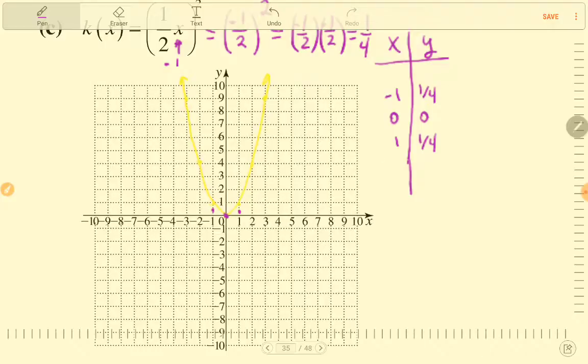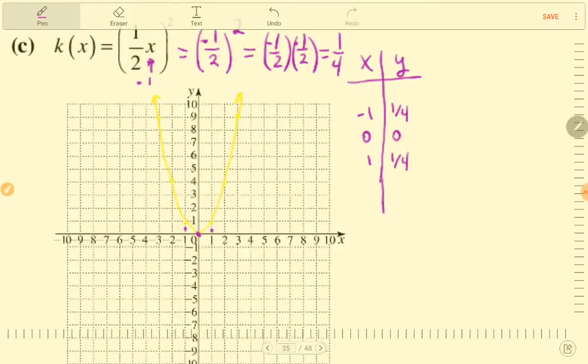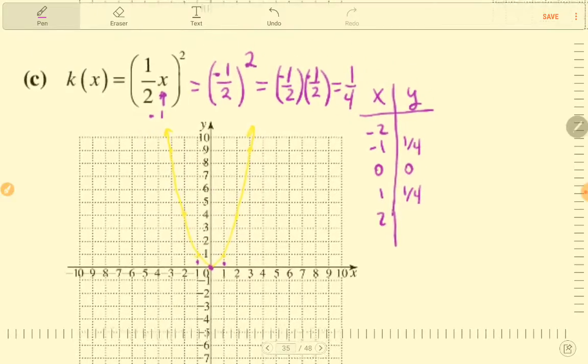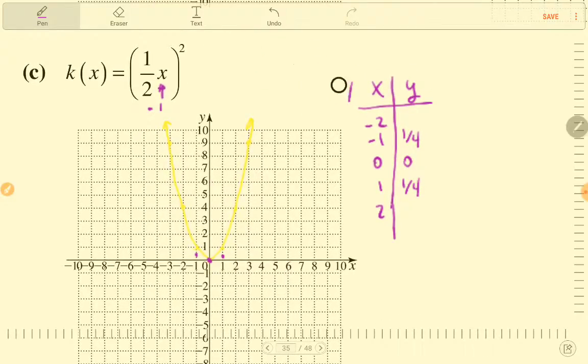All right, so let's do 2. If I put in 2 and -2, what happens? Okay, so I get 1/2 times 2 over 1, quantity squared.